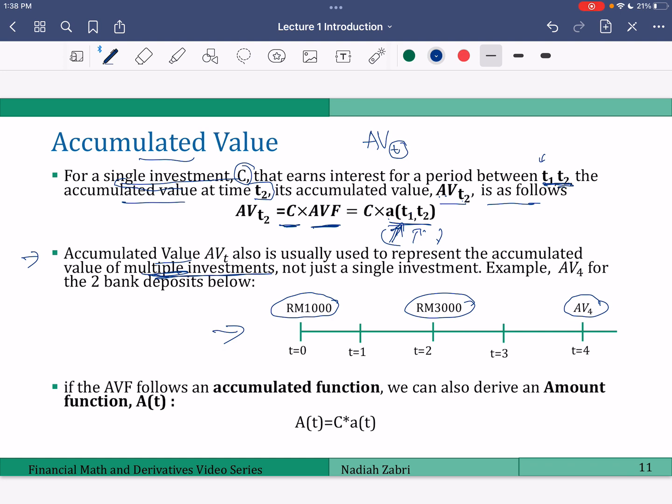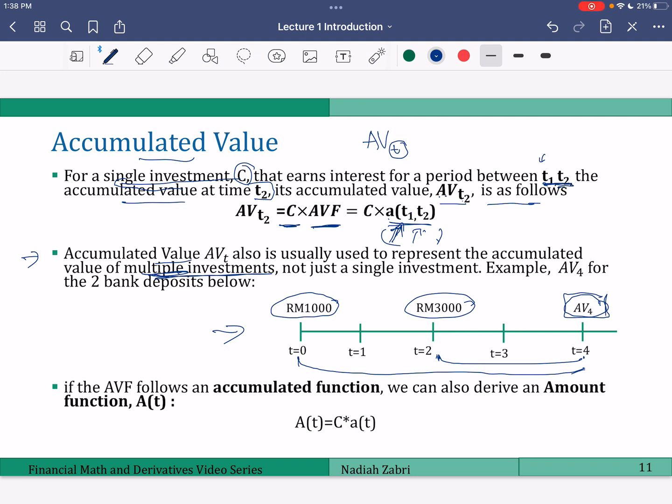How do we get this? It's just the sum of the first deposit accumulated over 4 years plus the second deposit accumulated over 2 years. So it's the sum of all of the cash flows, but both evaluated at time 4.